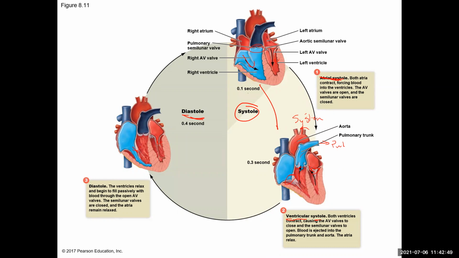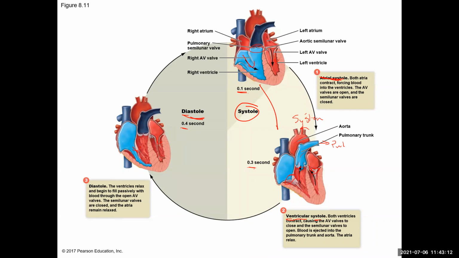And you can see that this happens very fast. The atrial systole is about 1/10 of a second. The ventricular systole is about 3/10 of a second. And then the diastole is about 1/2 of a second. All that together making up a little less than a second for that cardiac cycle to happen.